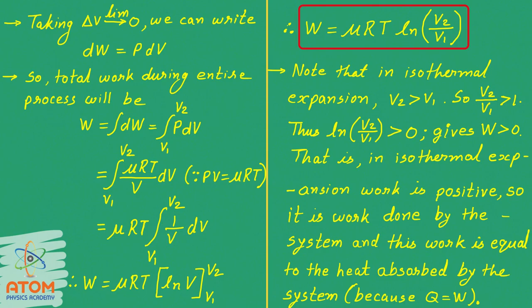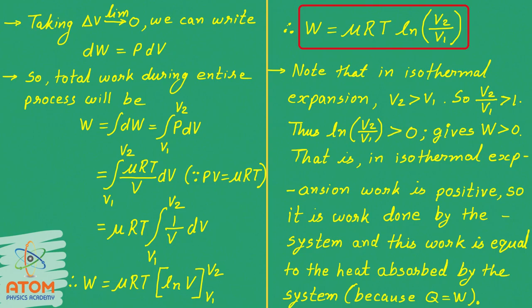So in isothermal expansion, V2 becomes greater than V1, see, we are talking about expansion. So obviously the final volume V2 will be larger than the initial volume V1. So V2 upon V1 will be larger than 1. And so we can say ln of V2 upon V1 will be greater than 0.